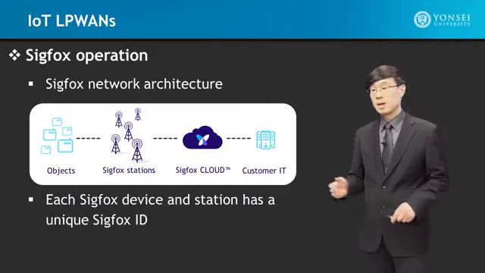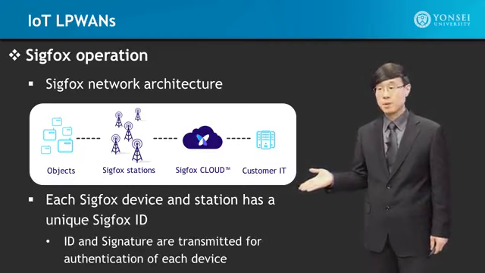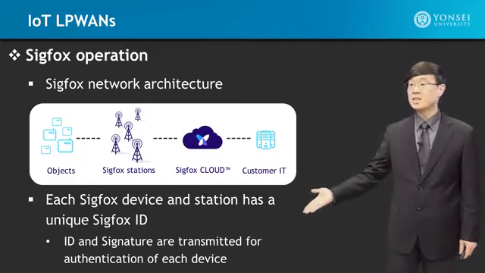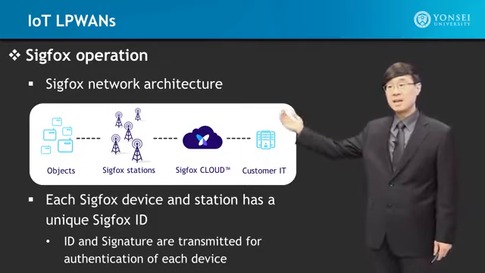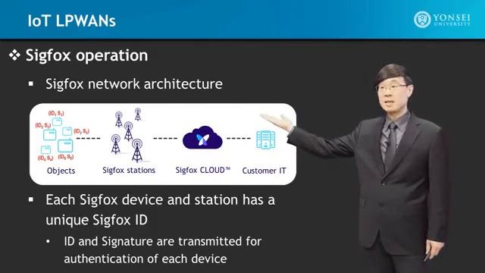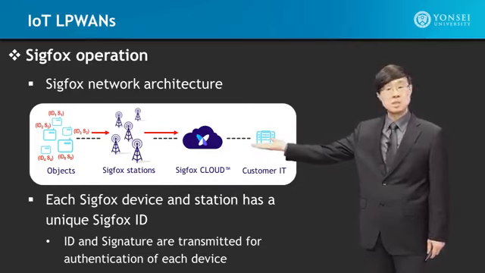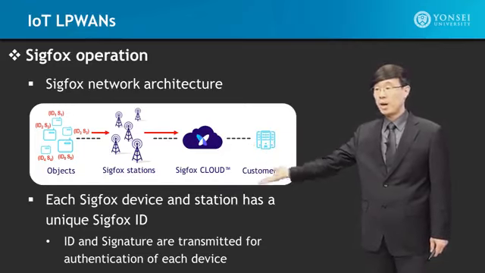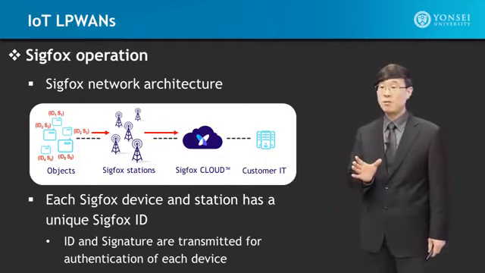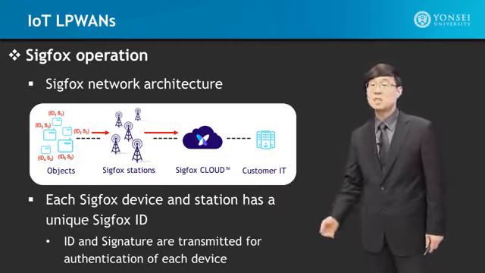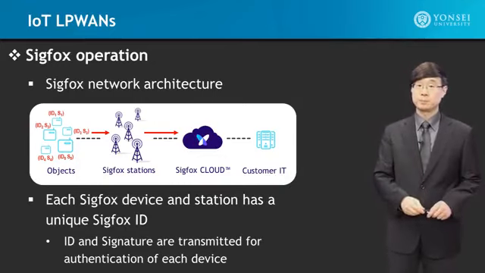Then, each Sigfox device and station has a unique Sigfox ID, where the ID and its signature are transmitted for authentication of each device. Each device has an ID and a signature, and that is transferred through the Sigfox stations to the Sigfox cloud. And that is where, once again, authentication is conducted. This is done for each device. Each device is identified and authorized individually.